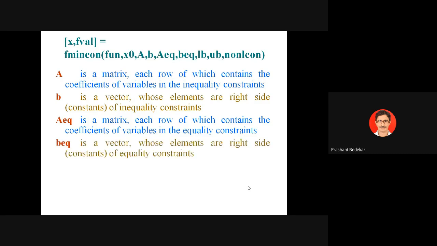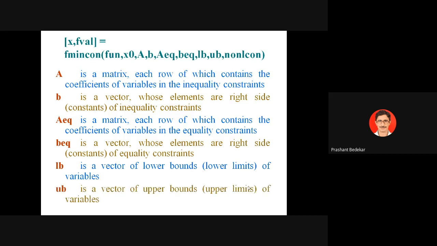And Beq is a vector whose elements are the right hand side of the equality constraints. Then LB is a vector that contains the lower bounds of the variables, and UB is a vector which contains the upper bounds of the variables.